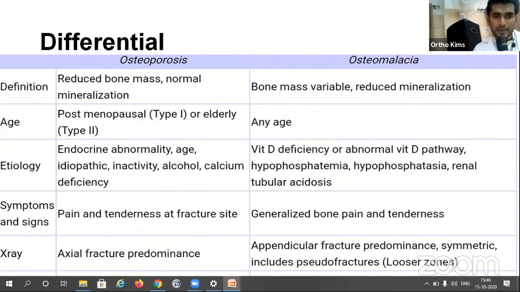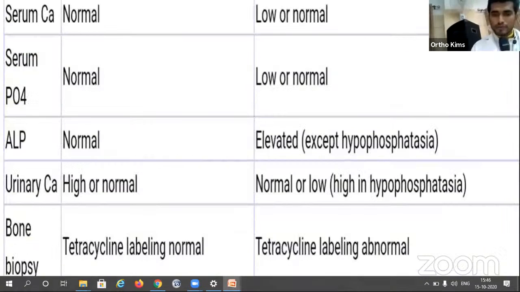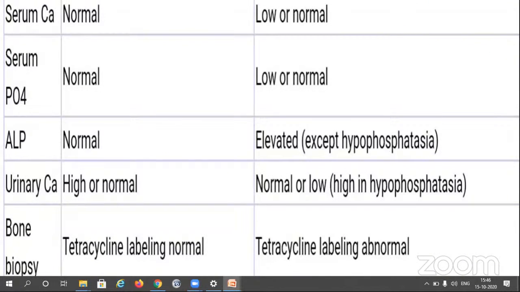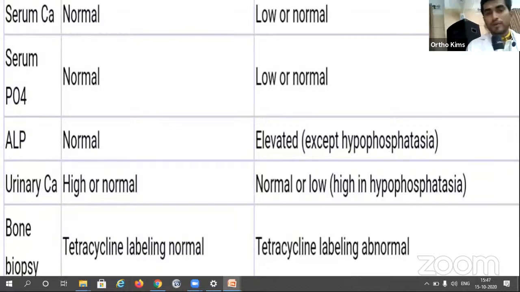Symptoms and signs. In osteoporosis, pain and tenderness at the fracture sites are most common, but in osteomalacia, generalized bone pain and tenderness can be seen. In X-ray, axial fracture predominates in osteoporosis, but in osteomalacia, appendicular fracture predominates, symmetric, and includes pseudofracture, that is Looser's zone. Serum calcium will be normal in osteoporosis, but in osteomalacia it will be decreased.